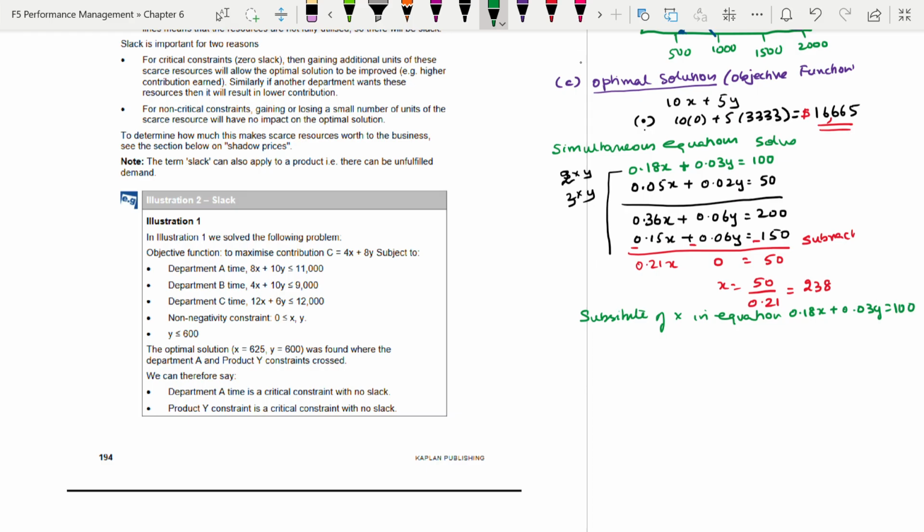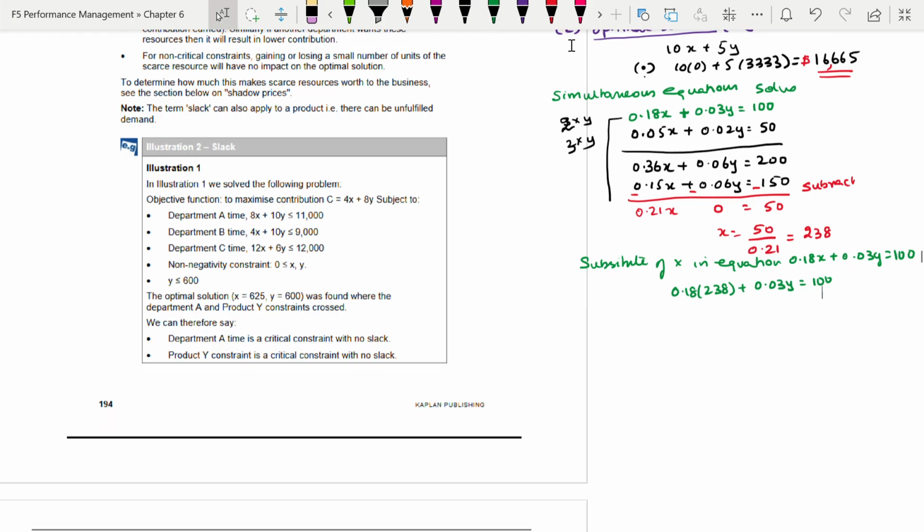So 0.18 into 238 plus 0.03y equal to 100. How much is 0.18 times 238? It comes to 42.84. So 42.84 plus 0.03y equal to 100.